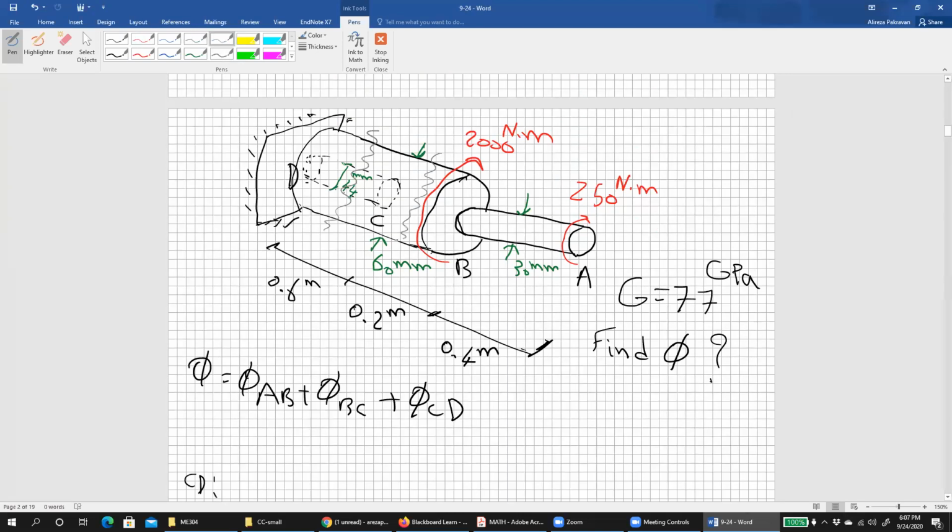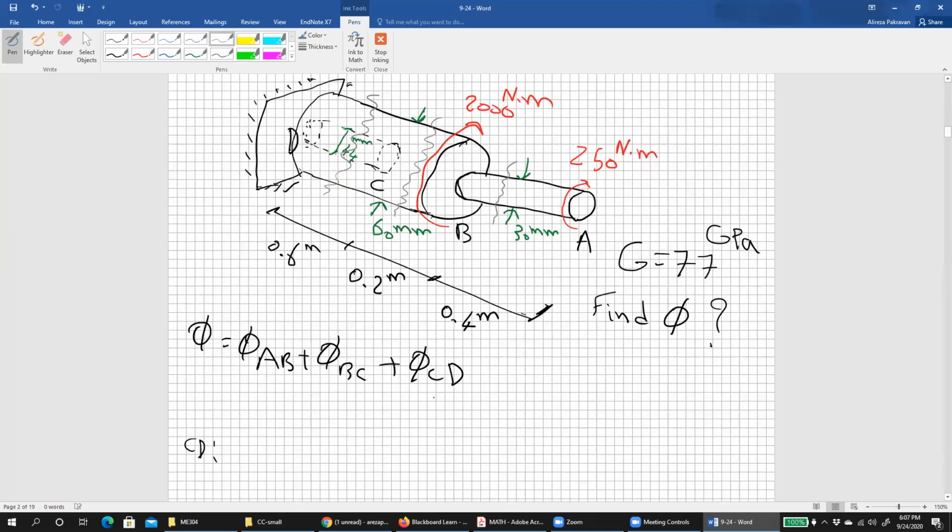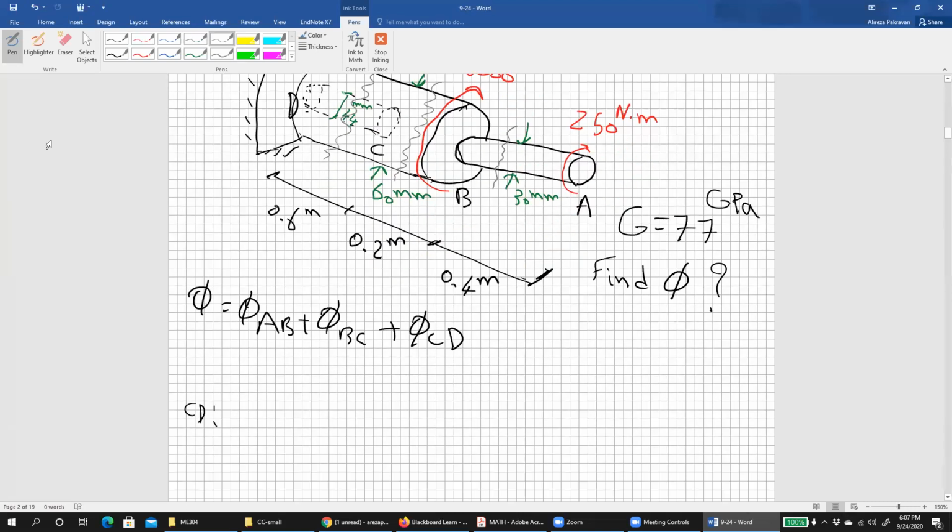Let's draw a schematic figure, and we have a segment here. Let's assume this is TCD.